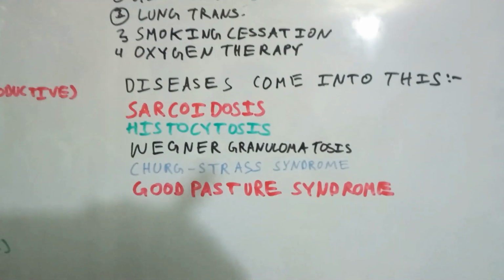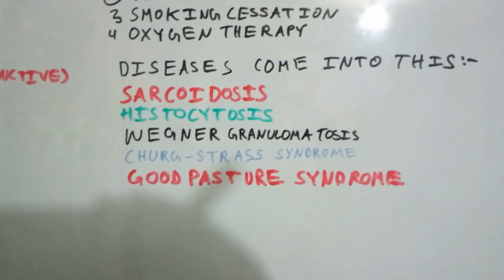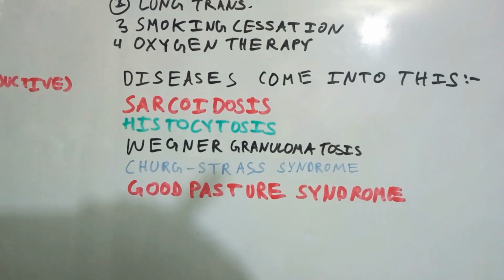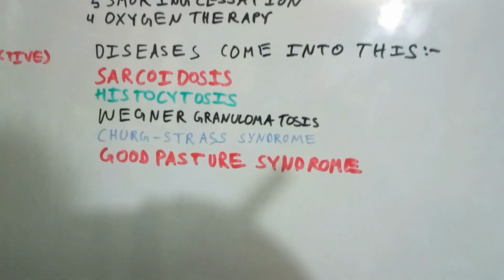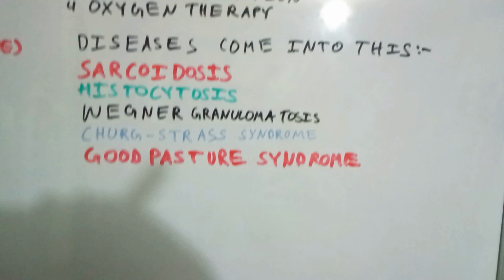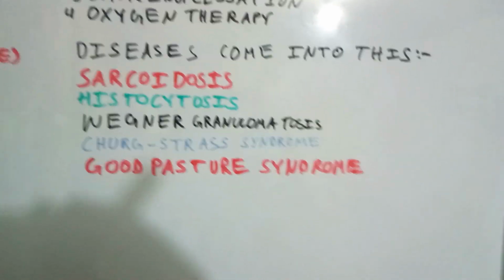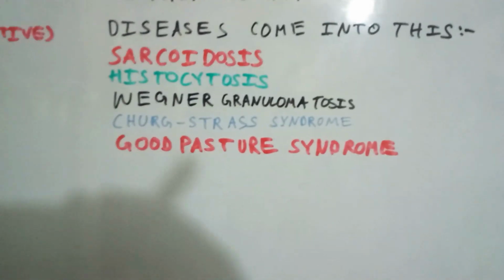There is non-caseating granuloma formation in our lungs, which shows as hilar lymphadenopathy. It is a multi-organ disease. It also affects our eyes, our skin, our heart, and many others.